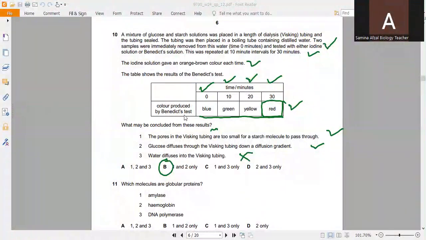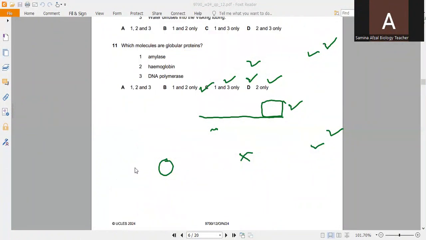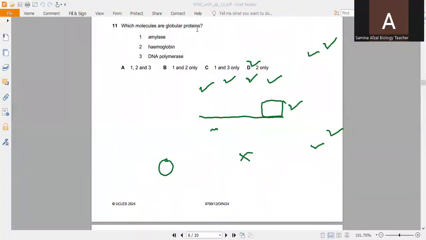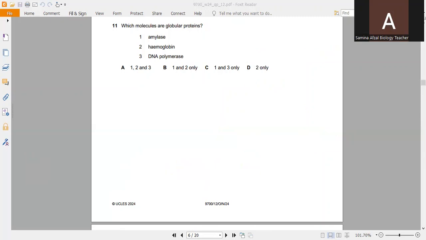Now we are moving towards question number 11. You can see which molecules are globular proteins. Amylase is an enzyme which is a globular protein. Hemoglobin is a red protein which is present in the red blood cells.